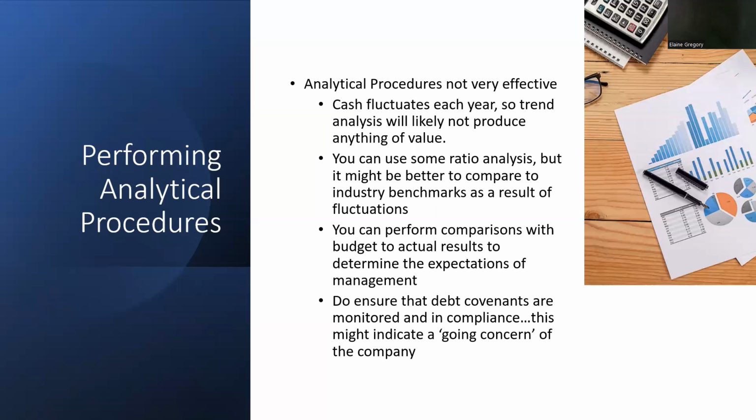So it may not be reliable to look at year one compared to year two, because there may be other things going on in year one that year two may not be a firm relationship with. But you might be able to use industry benchmarks.